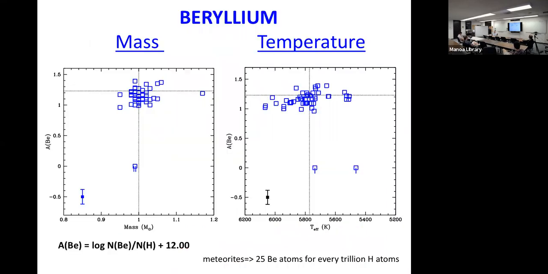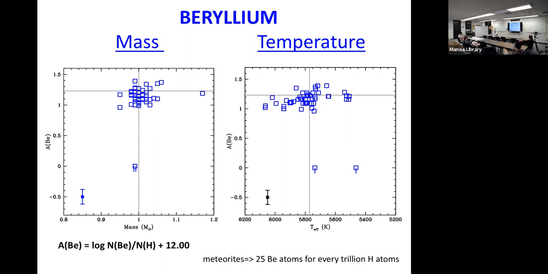So here's the results for beryllium. On the left, we show beryllium with mass. And you see down below those two stars that have just upper limits on the beryllium. But most of the stars are clumped up at the top, nearly the same amount of beryllium as each other. There's an error bar down in the lower left.